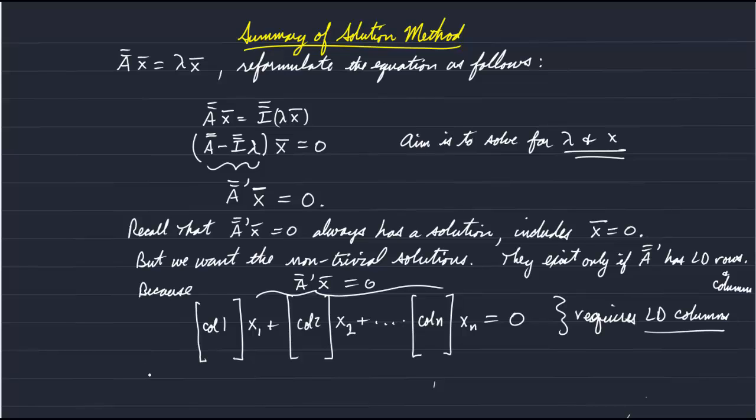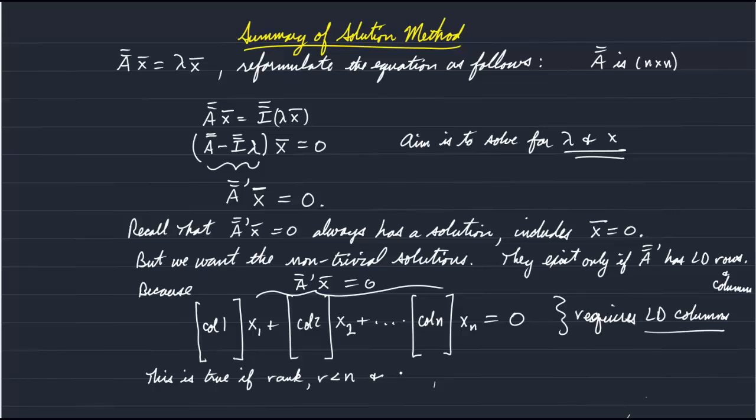And for this to be true, if the rank R is less than n, the dimension of the matrix A. I should mention that I forgot to mention that A is a square matrix. It's n by n. Okay, so a square matrix with linearly dependent columns has a rank that's less than n.